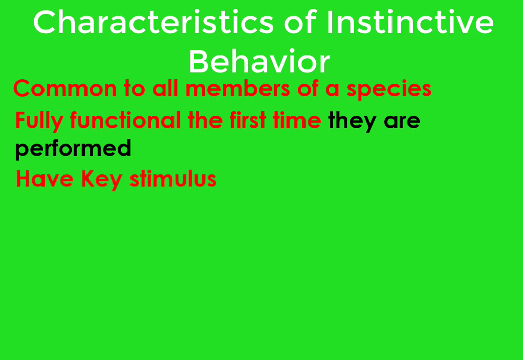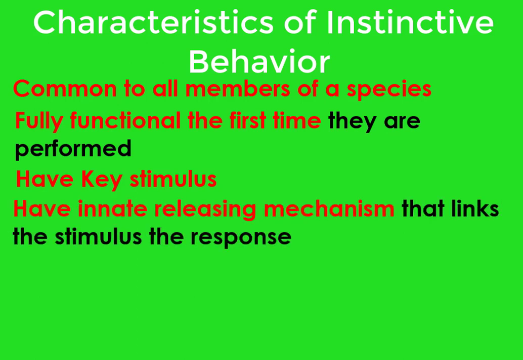The third characteristic is instinctive behavior have key stimulus that triggers the fixed action pattern to be performed. The fourth characteristic is instinctive behavior have innate releasing mechanism that links the stimulus to the response.